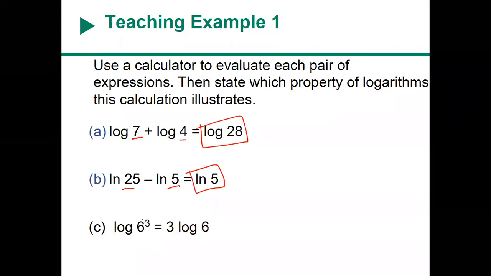So if I don't have access to the power, as long as I change it and make it into the coefficient, then this is all I'm putting into the calculator. Okay. What makes this possible? This is my product. This is the quotient. And this is the power rule.